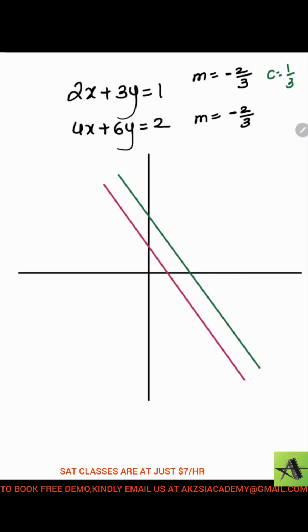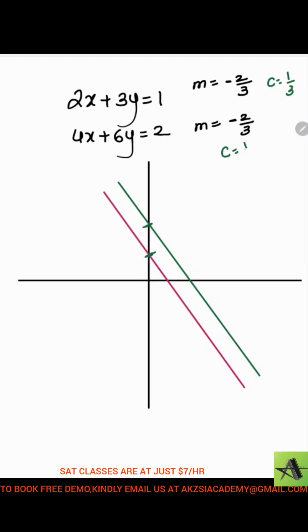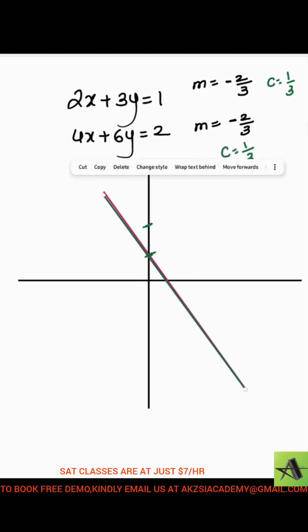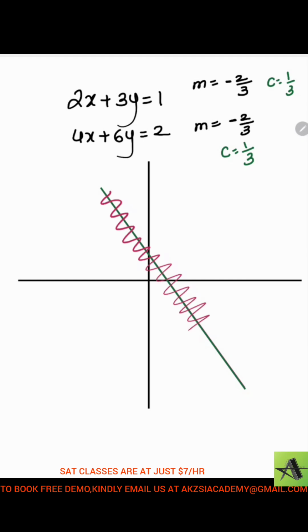Whereas in the second case, the y-intercept is 1 over 3 as well. So they both have the same y-intercept. That means they are nothing but overlapping with each other. And if they are overlapping, that means at every single point they are sharing a common answer, sharing infinite common points.